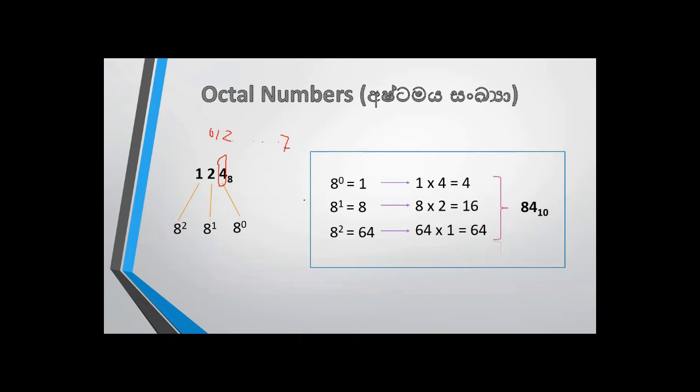Here I have included the calculation of how you can convert an octal number into a decimal number. You can see a subscript that was added here to represent what type of number this is. So if you see an 8 here, then this will be an octal number.